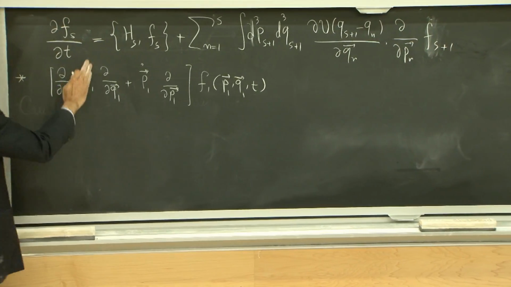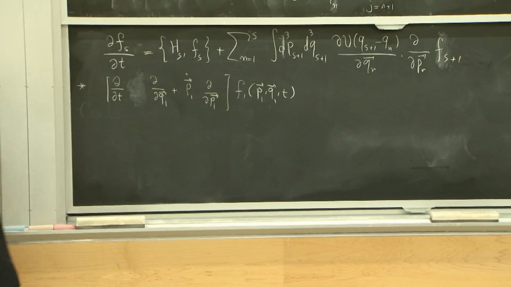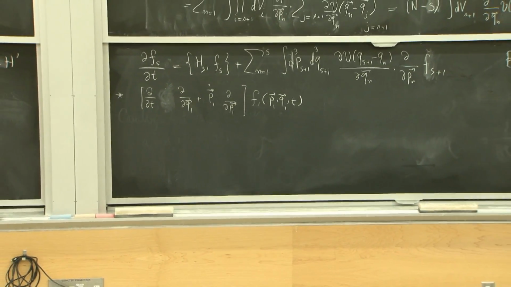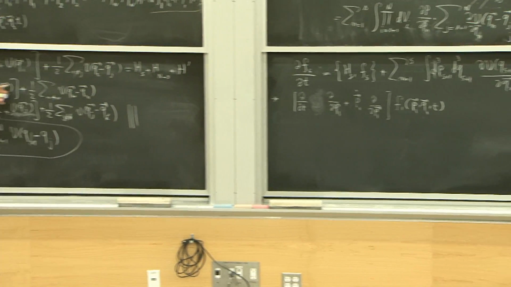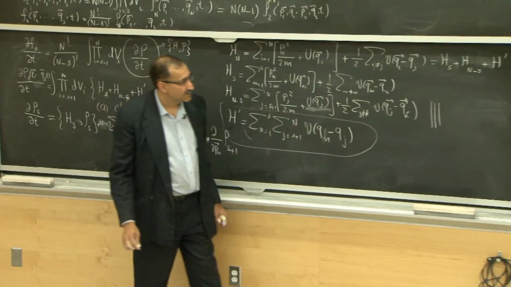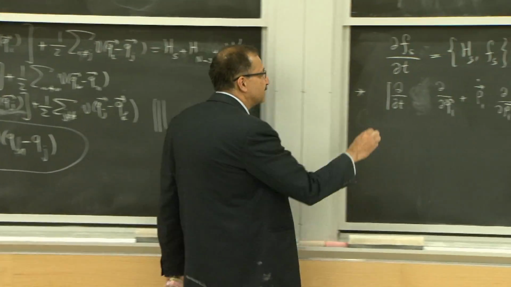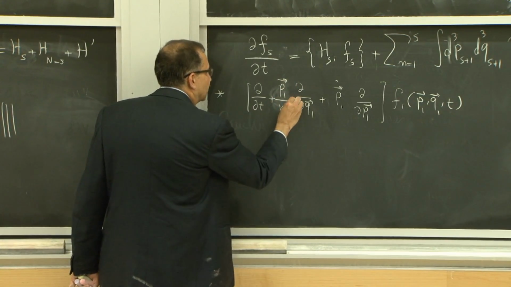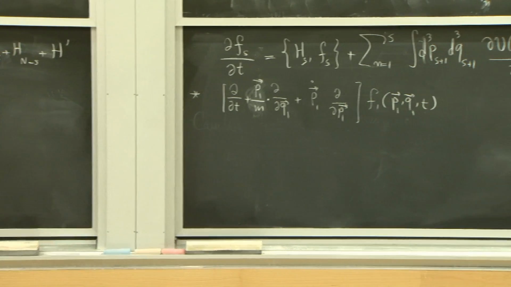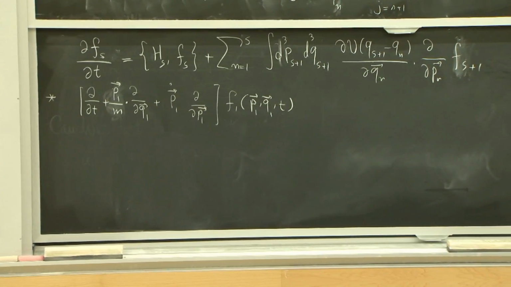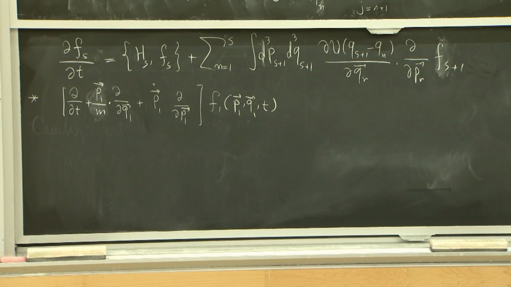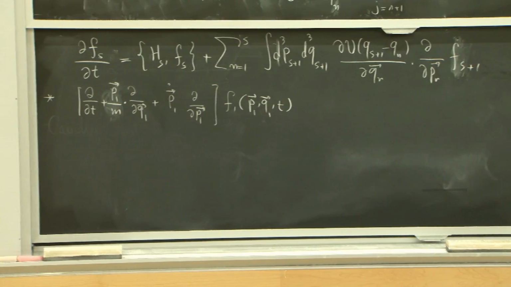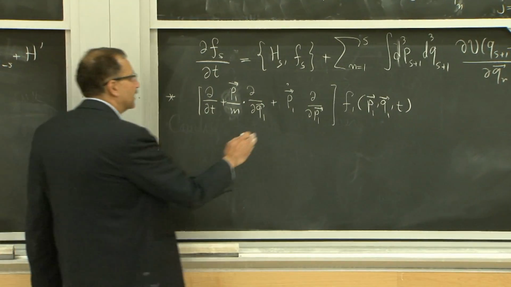Then, of course, for q1 dot, we use the momentum that we would get out of this. q1 dot is momentum divided by mass, so that's the velocity. And p1 dot, the change in momentum, is the force, which is minus dH by dq1.